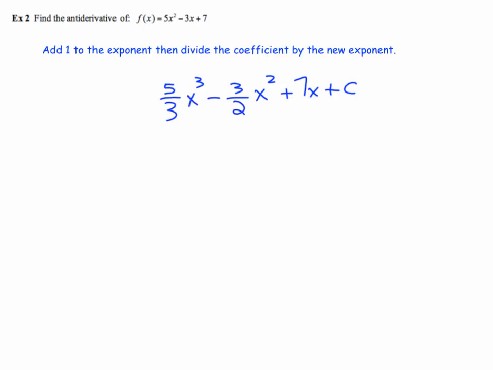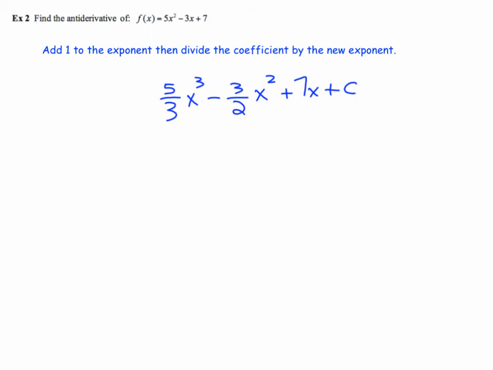Find the antiderivative of 5x squared minus 3x plus 7. Again, I'm going to add 1 to the exponent and divide the coefficient by the new exponent. Add 1 to the exponent, so I get x cubed. Divide by 3, so I have 5/3 out front.